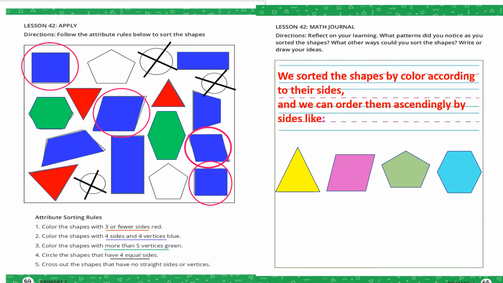And we can order them in ascending order by sides like this. We will draw a triangle, rhombus, pentagon, hexagon. They are arranged in ascending order from the smallest number of sides to the biggest.